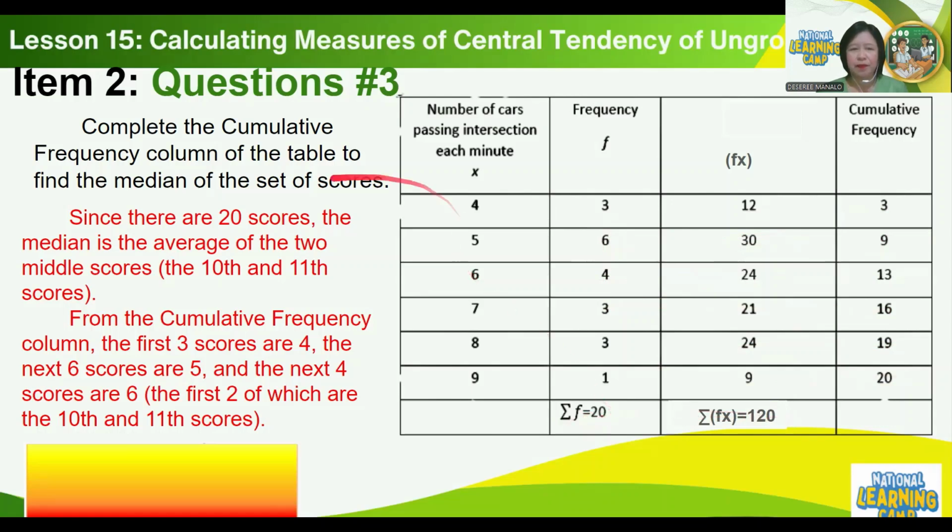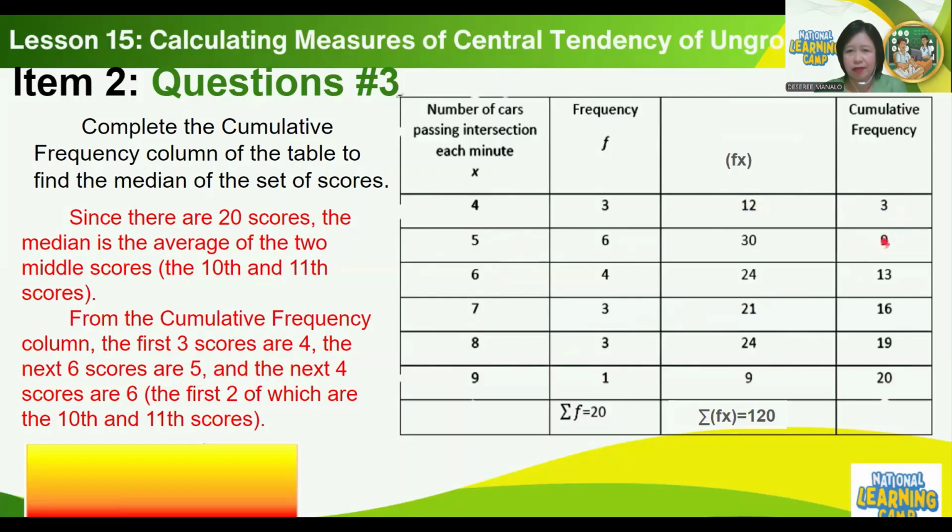We can see here again that the summation of fx is 120 and the summation of f is equal to 20. Since there are 20 scores, the median is the average of the two middle scores, the 10th and 11th scores. From the cumulative frequency column, the first 3 scores are 4. Then the next 6 scores are 5, since 3 plus 6 is 9.